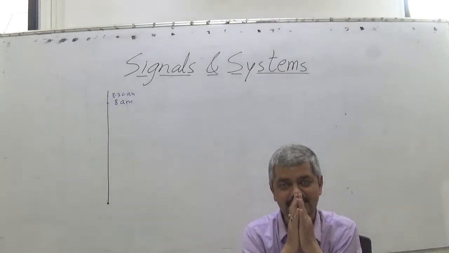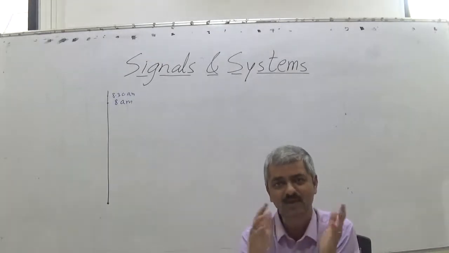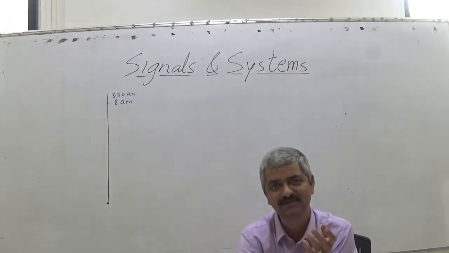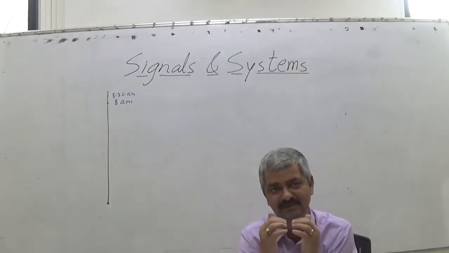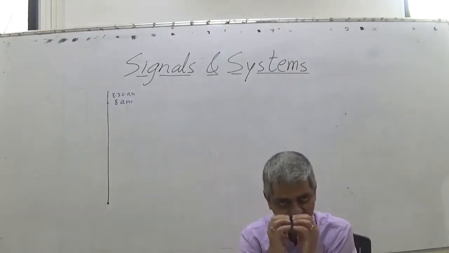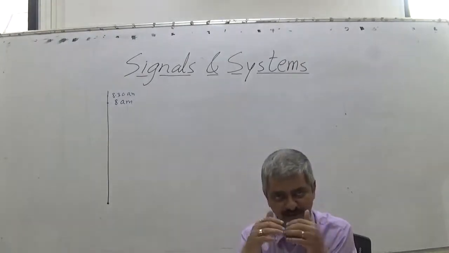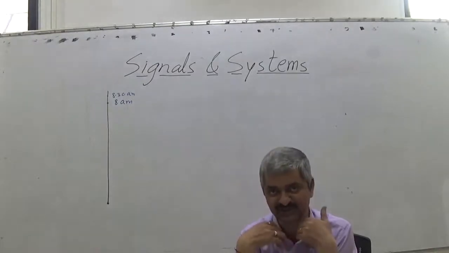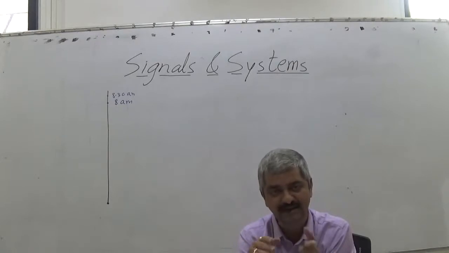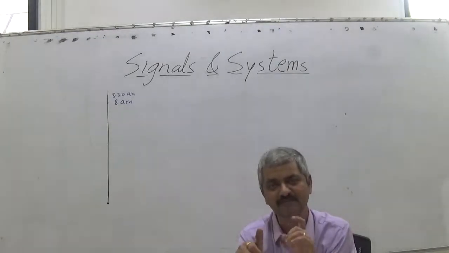But when digitization came, now what is there? I record, and that is stored by converting analog into digital. I am speaking. The speech signal is converted to a voltage signal. The voltage signal is sampled, and each sample is stored using some number of digits.